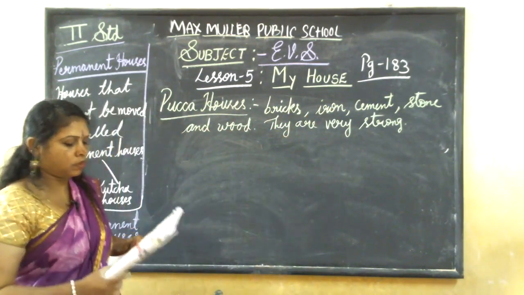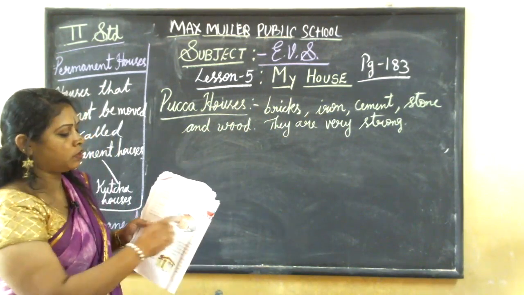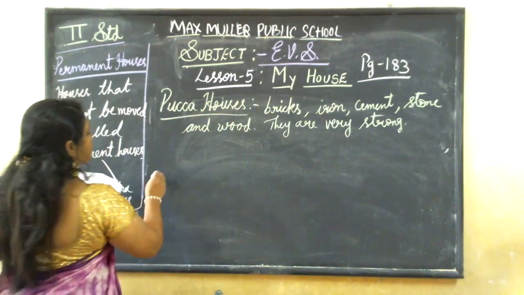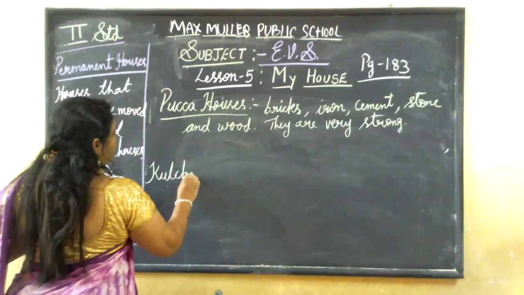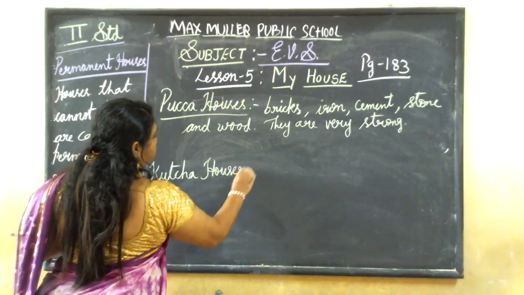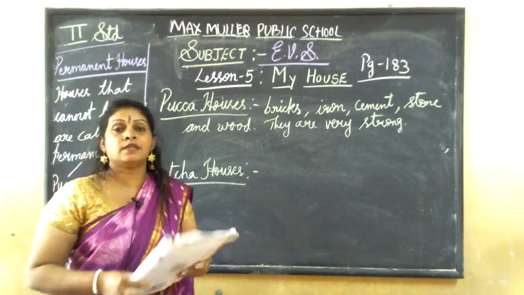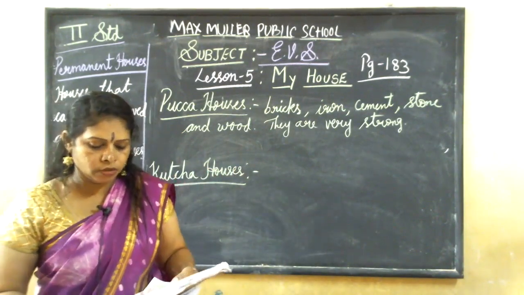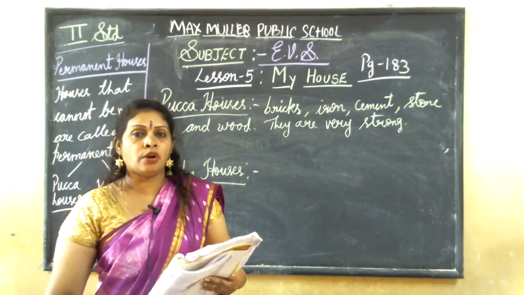Now, Kacha houses. Now you can see, children, here the picture next to that Pucca house, how it is, and Kacha houses. What are Kacha houses? Okay. In villages, houses are made of mud, thatched leaves, and straw.